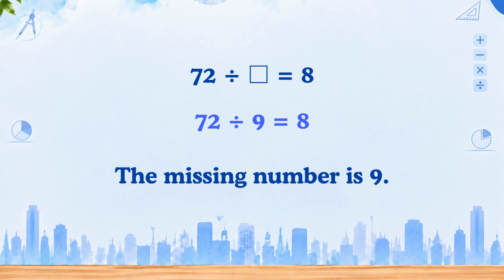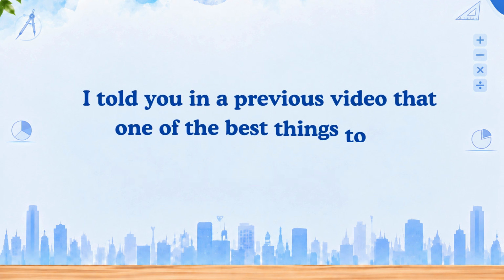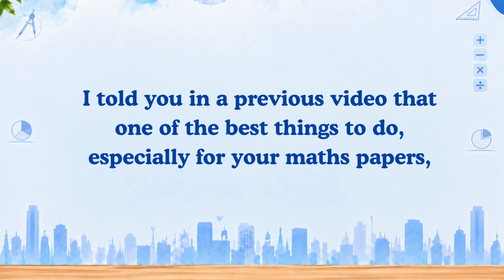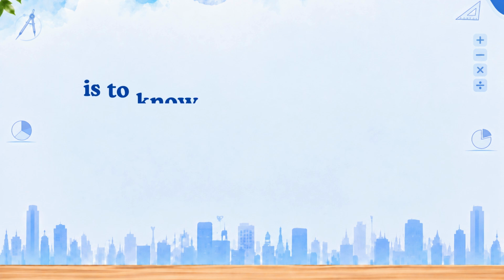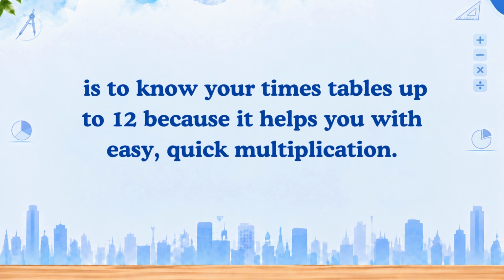This is where something I've talked about in one of our previous videos comes really handy, especially with questions like this. I told you in a previous video that one of the best things to do, especially for your maths papers, is to know your times tables up to 12, because it helps you with quick multiplication.